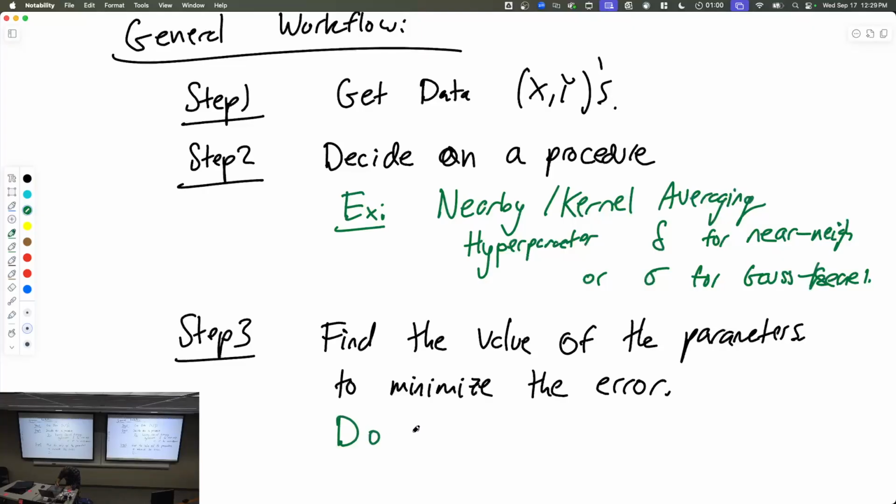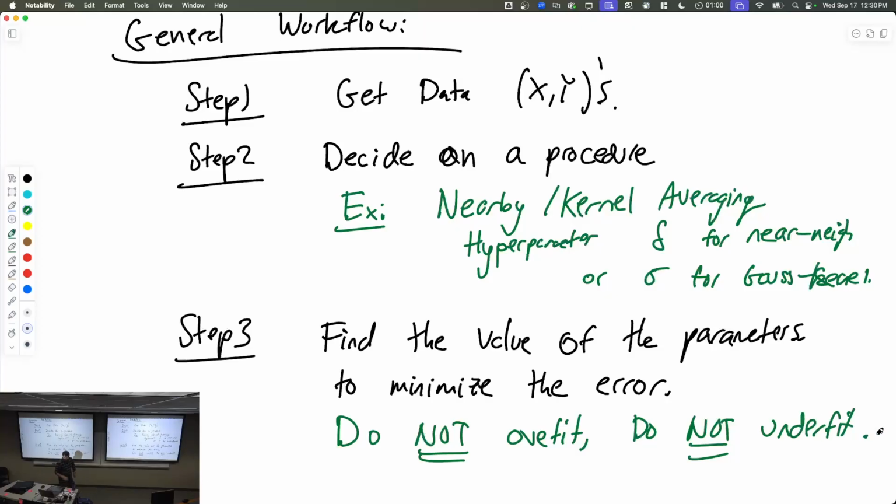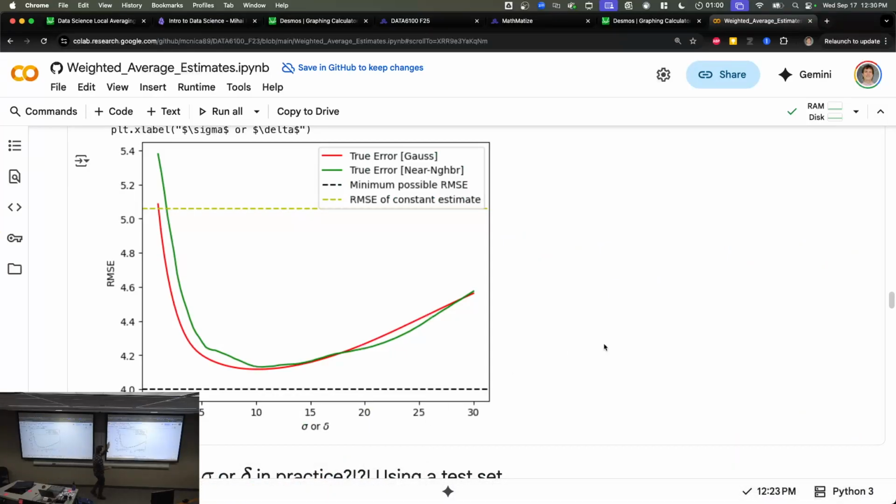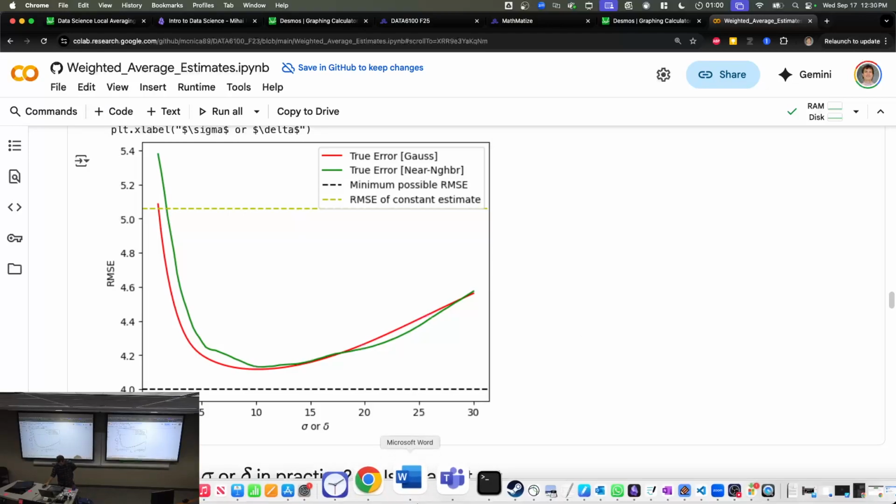Do not overfit, but also do not underfit. So that's why you have to balance it. And in practice, the way you do it is you make some sort of graph like this, and you find the minimum. So you try a bunch of different values, and you find the minimum value. Okay.